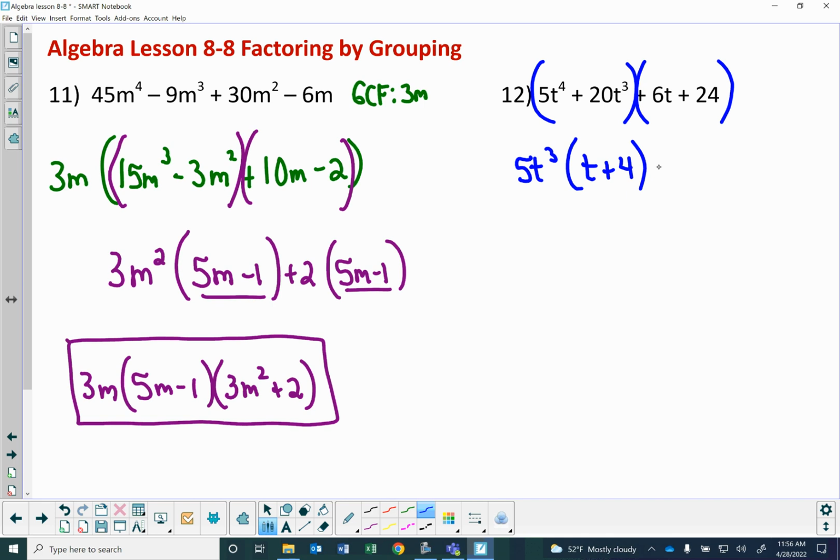Greatest common factor out of 6t plus 24 is 6. That means 6t divided by 6 is t. 24 divided by 6 is 4. So common term, t plus 4. Left over, 5t to the third plus 6.